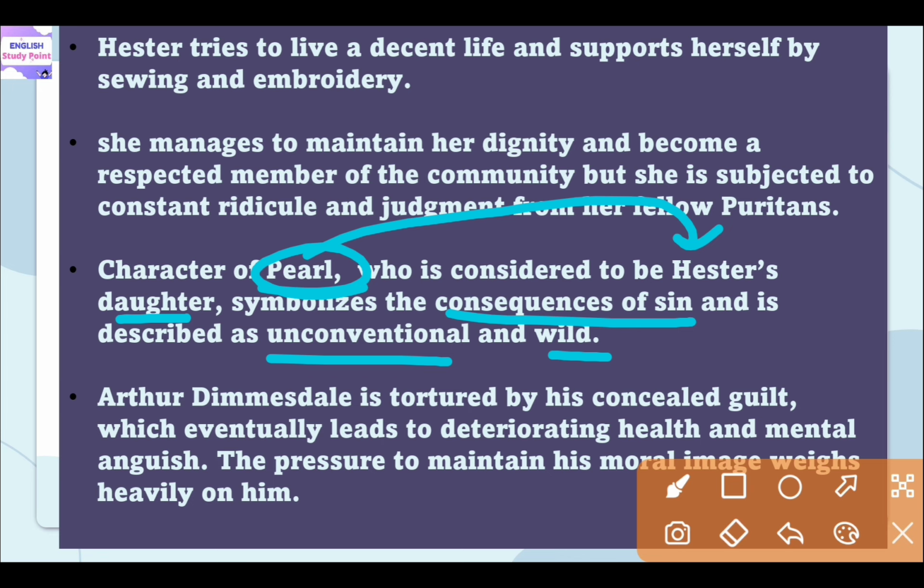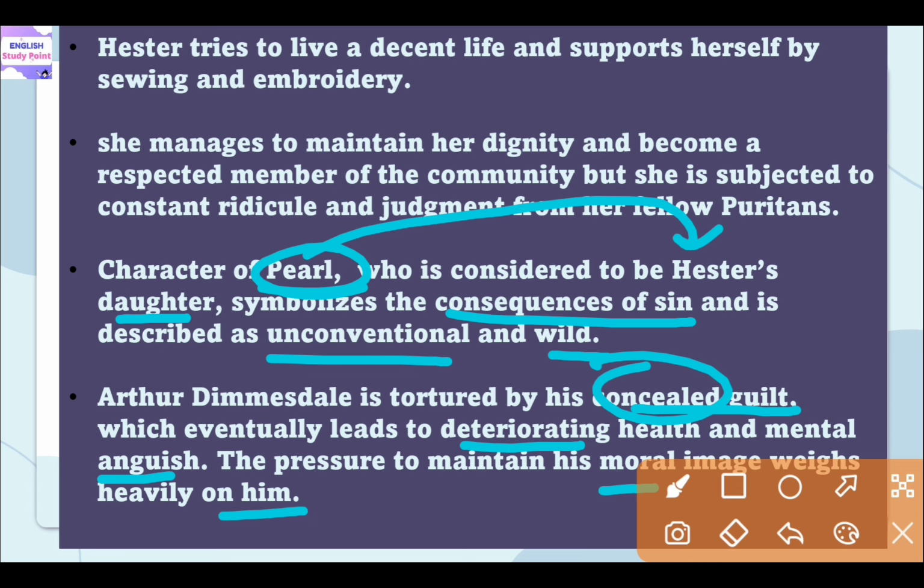Then Arthur Dimmesdale is tortured by his concealed, hidden guilt, which eventually leads to deteriorating health and mental anguish. The pressure to maintain his moral image weighs heavily on him. It means Arthur Dimmesdale is so much tormented by guilt over his affair with Hester and his inability to publicly confess his sins.